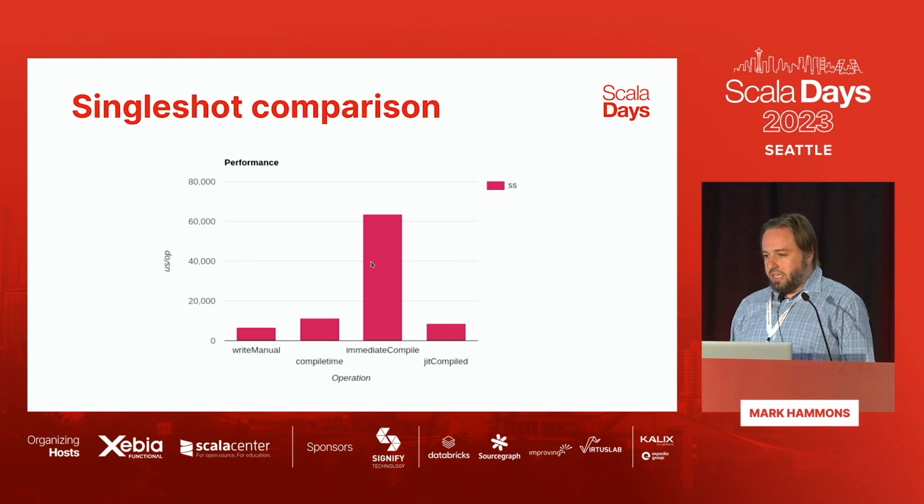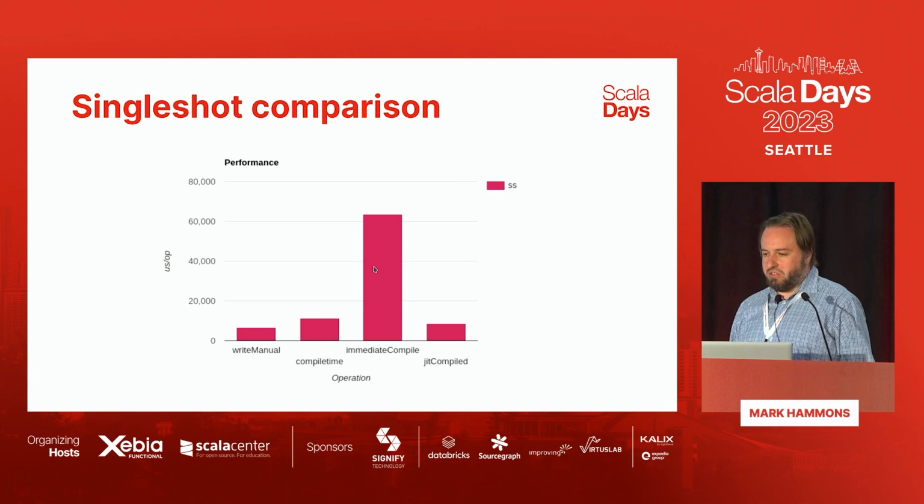Now, the reason why I do the JIT compilation instead of just doing all the compilation at startup is because I have the single-shot comparison here of the various approaches, and you can see the compile time, manual write, and JIT compiled all have very low single-shot time of, let's say, 10,000 microseconds per operation on a cold JVM.